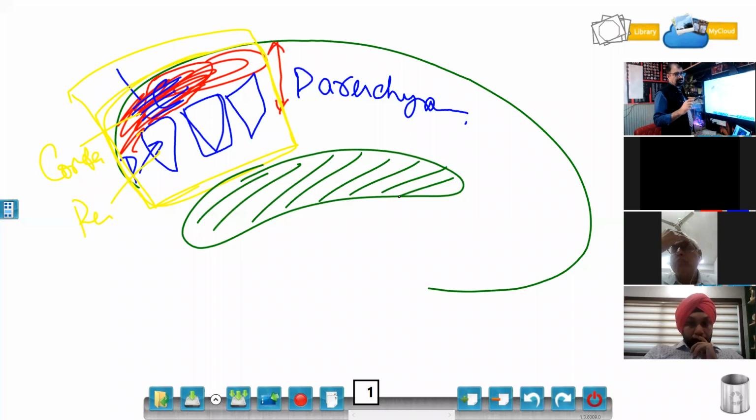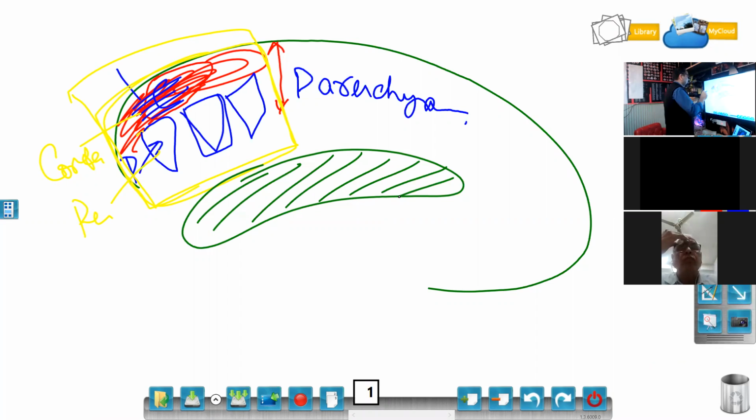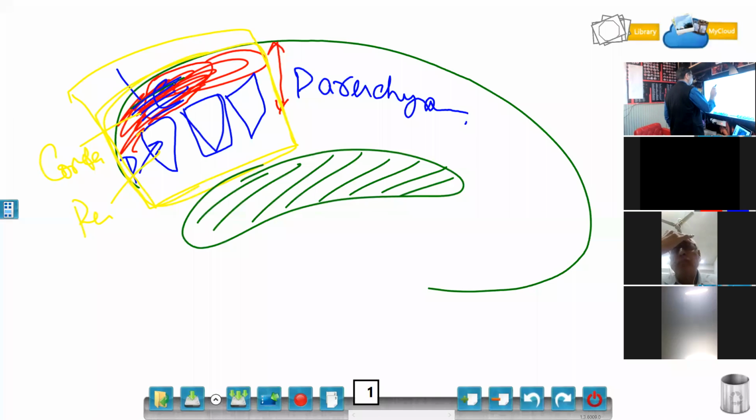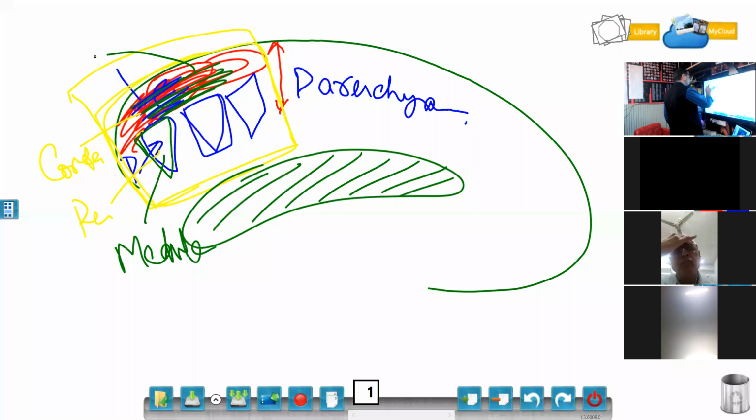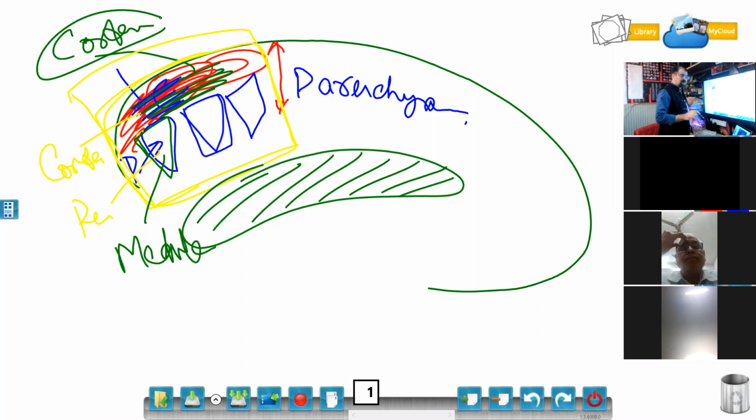Now, when we are talking of CMD, corticomedullary differentiation, what are we talking of? We are talking of this cortex and these pyramids. This is the medulla. So this is the cortex over here. Pay attention to this anatomy.